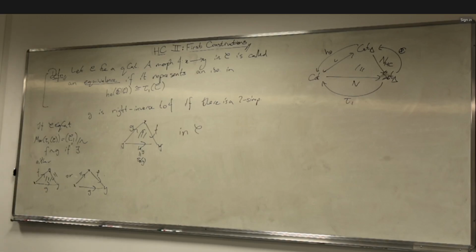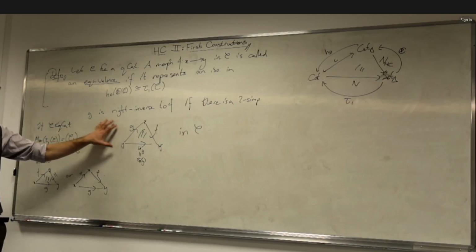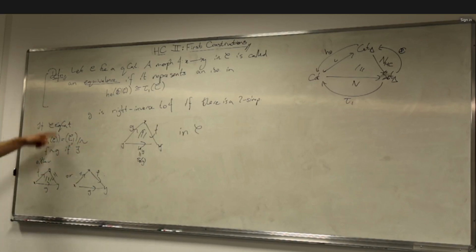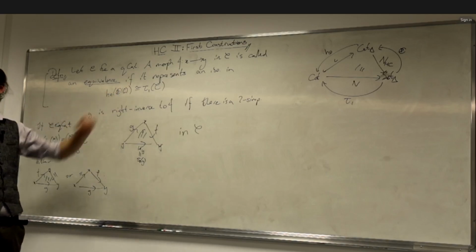What was the context? Oh, this definition. One of the ways to see that this definition works is by working out really explicitly what tau 1 of C is in this way.